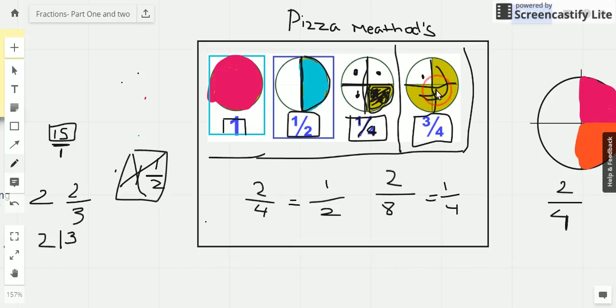Now let's say your dad is at work, and your mom, your sister, and you ate a slice, but there's still one piece left. You write the shaded pieces as the numerator: three shaded, three eaten slices out of four.